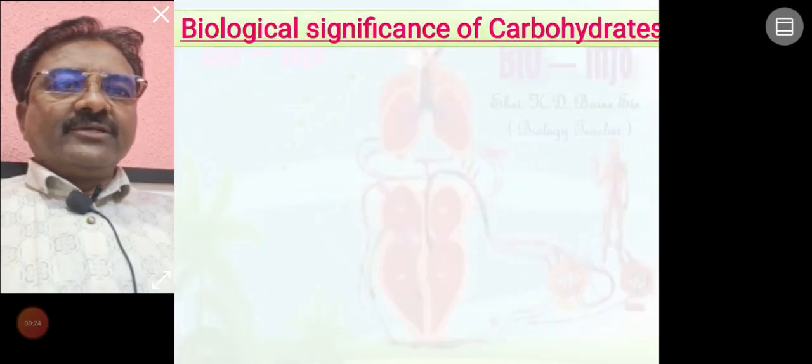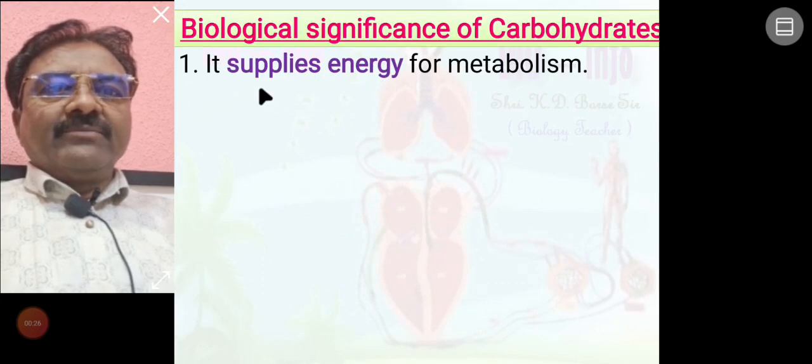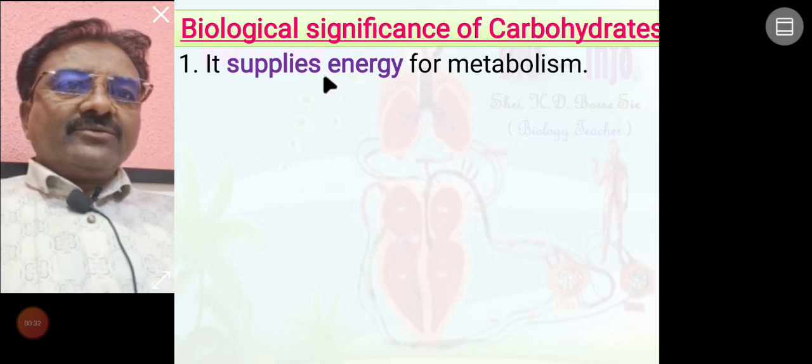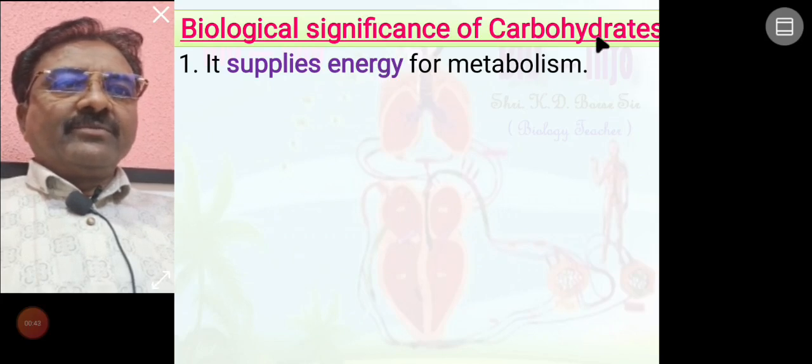What are the biological significances of carbohydrate? Number one, carbohydrates supply energy for metabolism. ATP is most important for the organism, and most of the ATP is produced from carbohydrate.